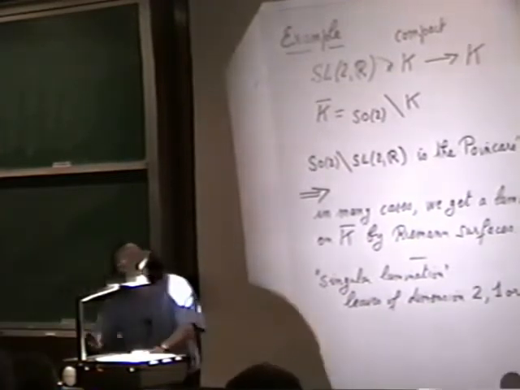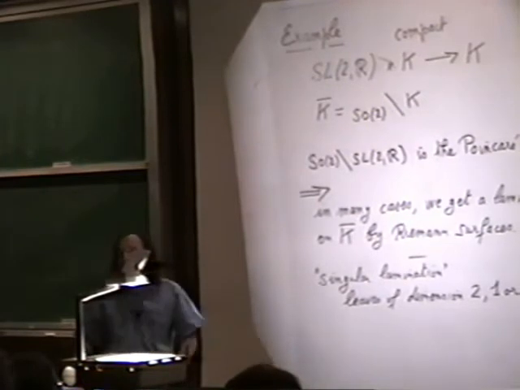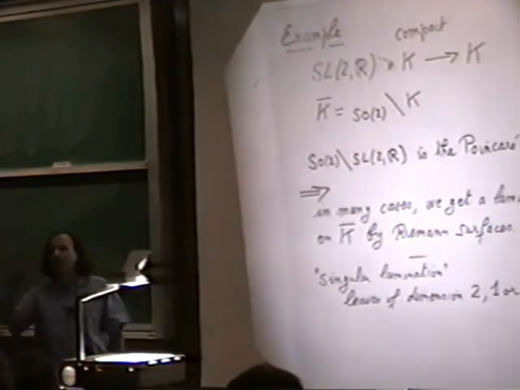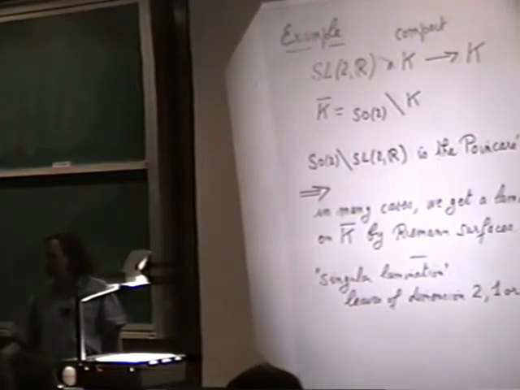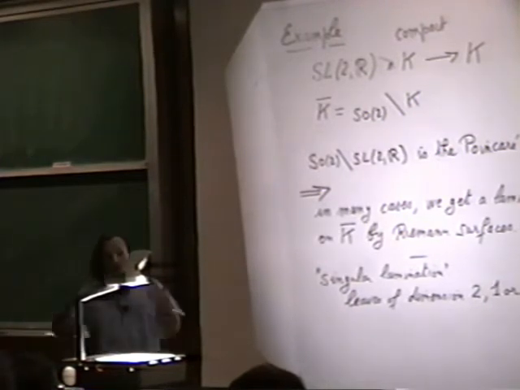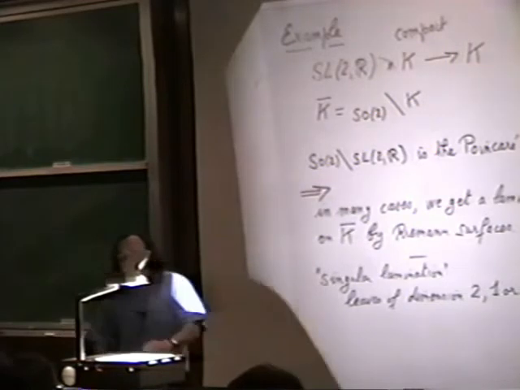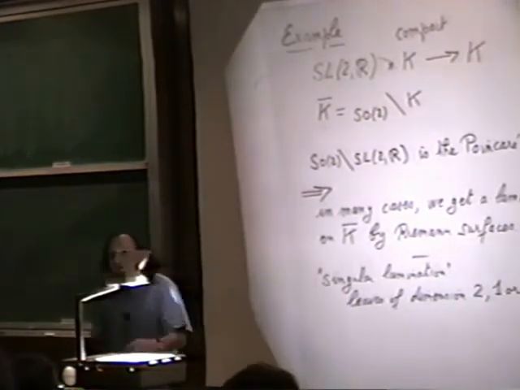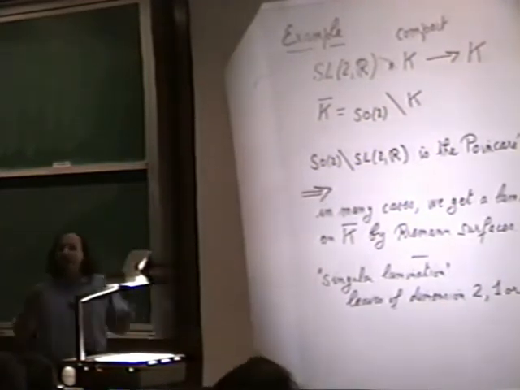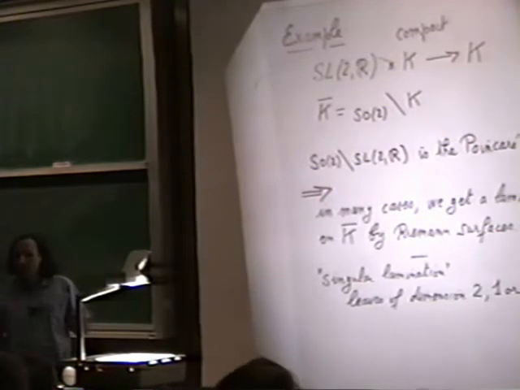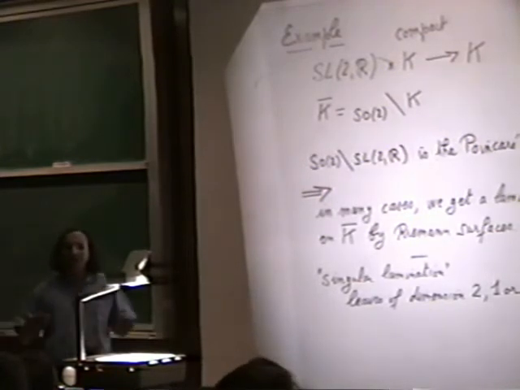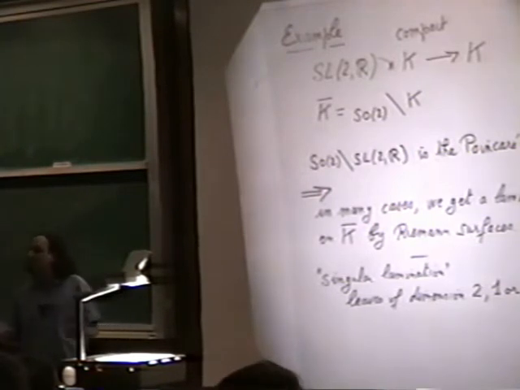And now, since you had an action of SL2R on the compact space, typically with three-dimensional orbits, because SL2R is dimension 3, when you go to the quotient by SO2, it is foliated by copies of SL2R modulo SO2, which is a Poincare disk.